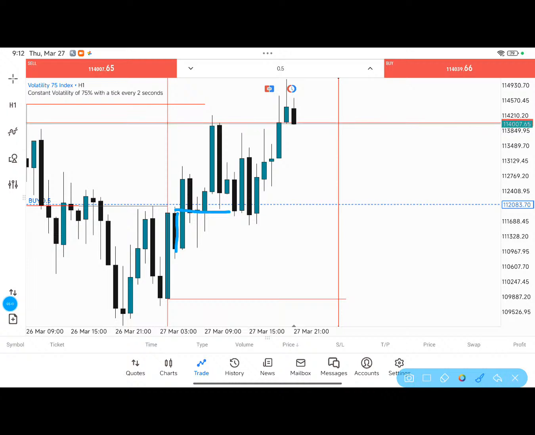So at this point we had the order block forming.